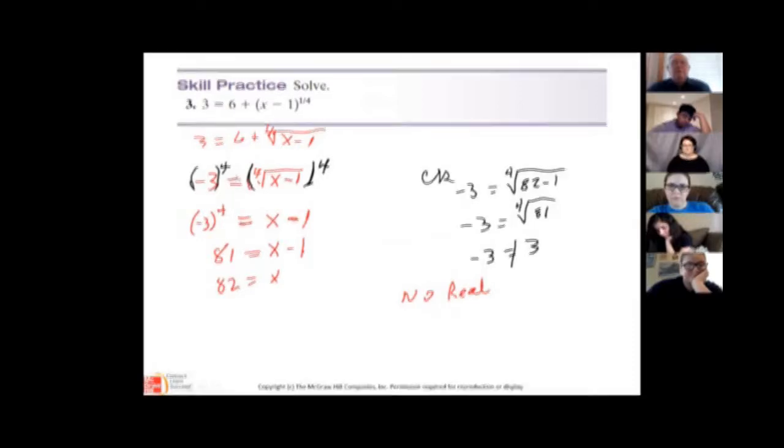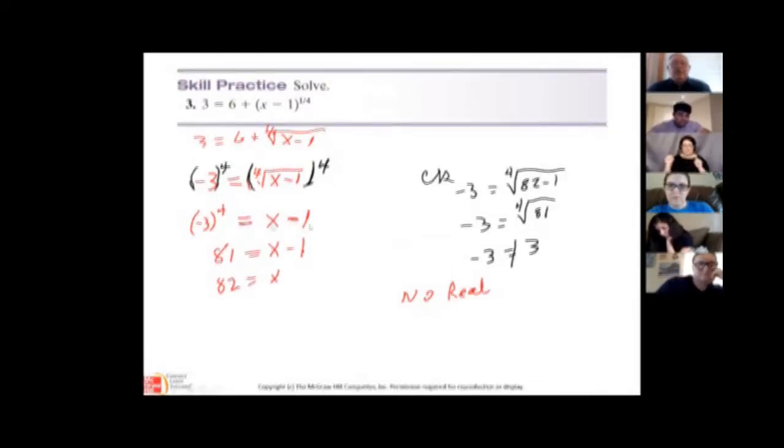Okay, for this problem, we have x minus 1 to the 1/4, so we convert it to radical notation, the 4th root of x minus 1. Take the 6 over to the other side, so we get -3. Then we take the 4th power on both sides.